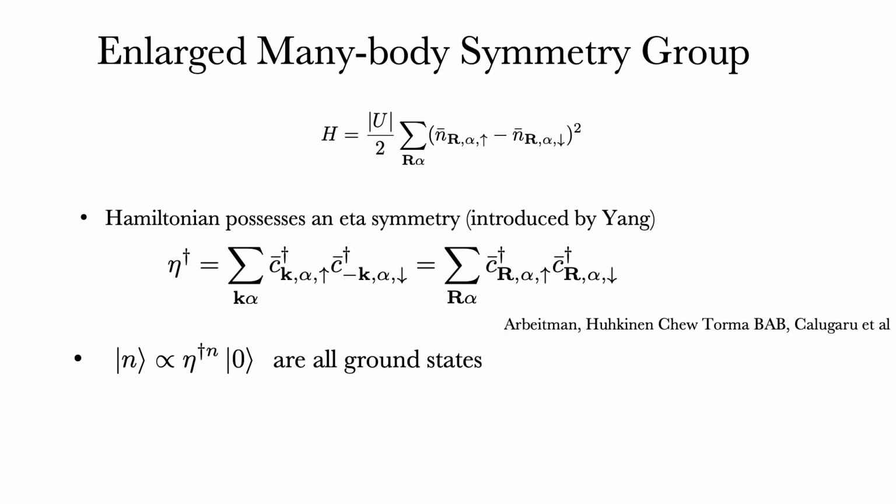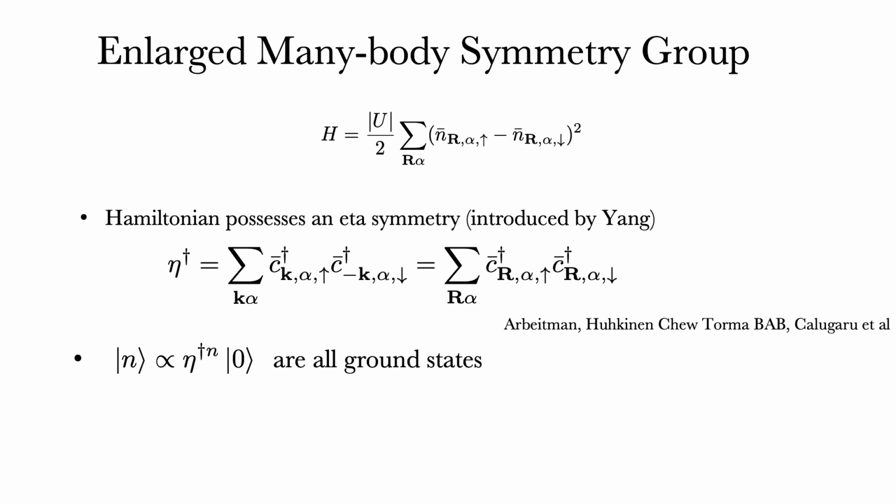If I create an electron with spin up and an electron with spin down, this term is zero. So this operator, which creates a sum over all sites of electrons with spin down and then electrons with spin up summed over the orbitals, if I apply it to the vacuum, is going to raise the number of particles, so I can form any number of particle ground state, and it is going to be a zero mode of this guy. So it's a ground state.